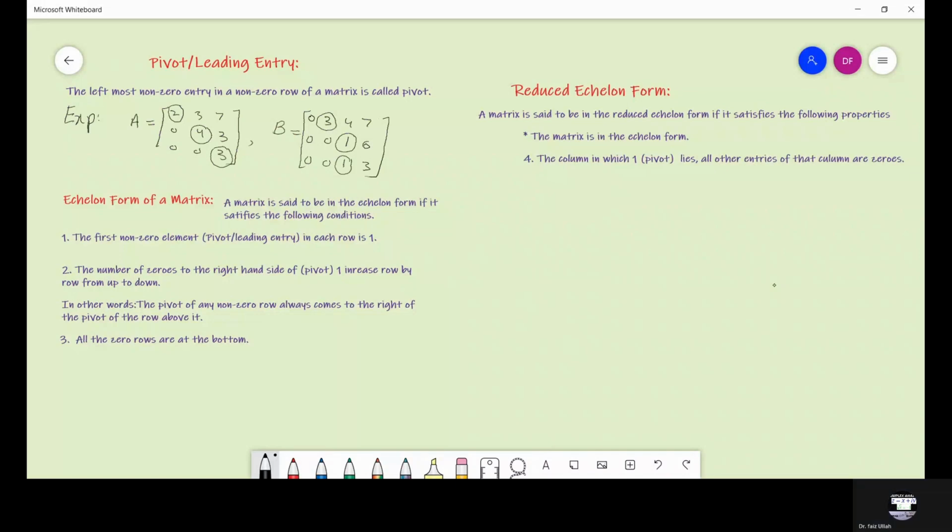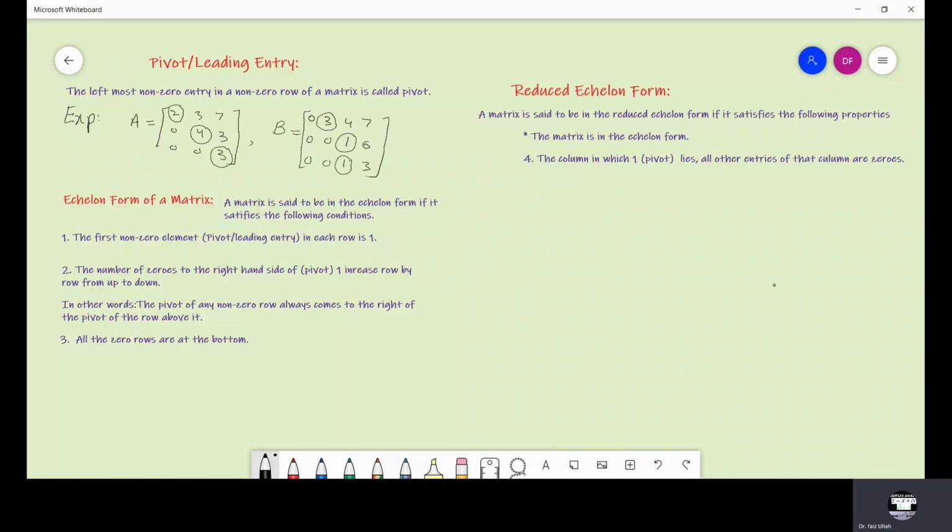Echelon form of a matrix. We say that a matrix is in the echelon form if it satisfies three conditions. The first condition is the first non-zero element in each row must be 1.